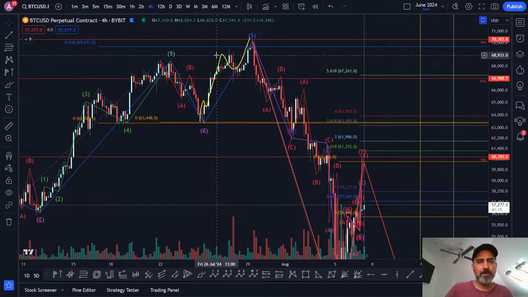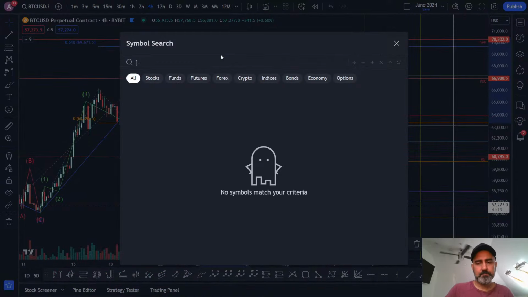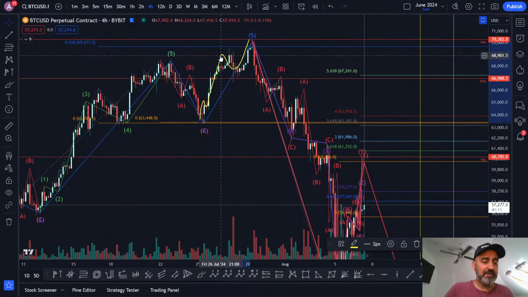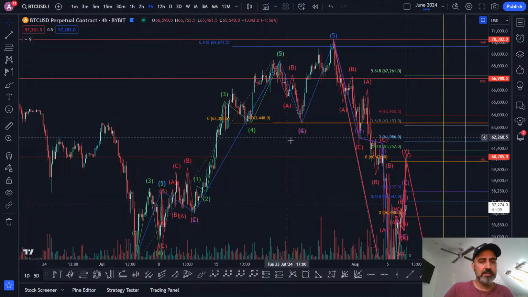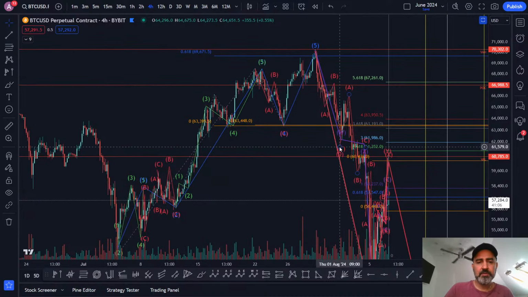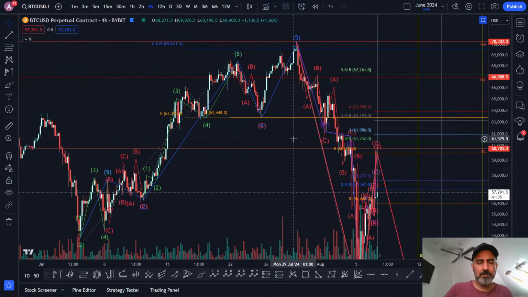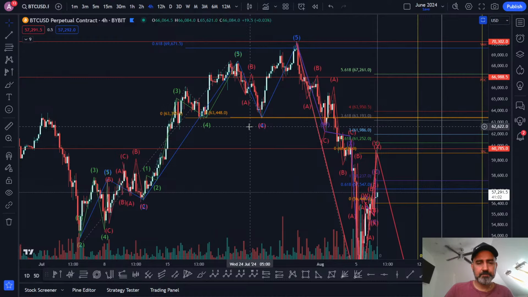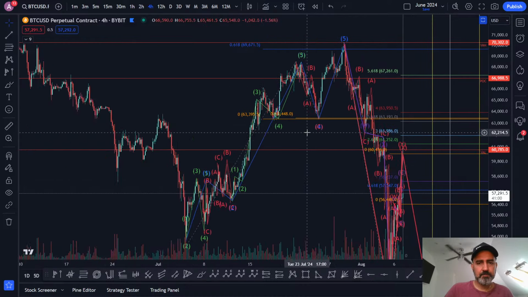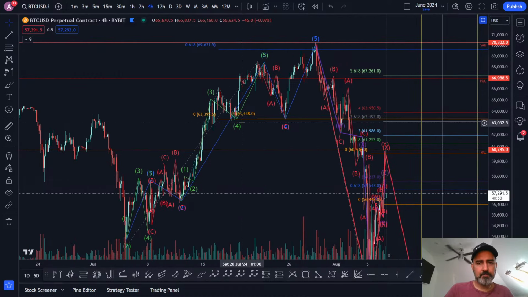I knew that that wave had completed. Yeah, that last one, because we talked about it. We talked about the V-shaped recovery.